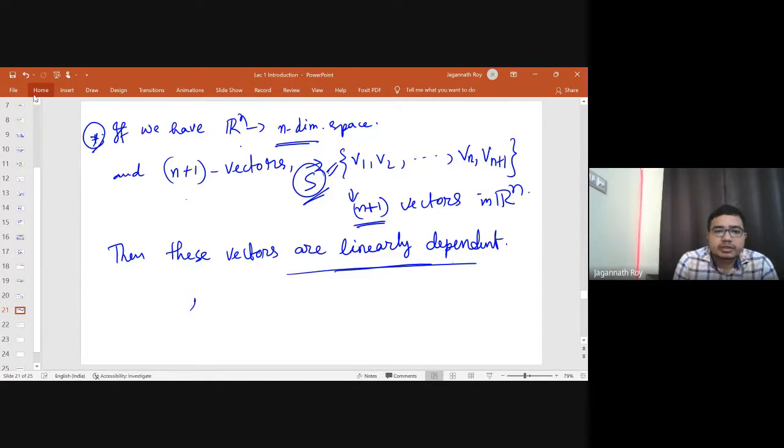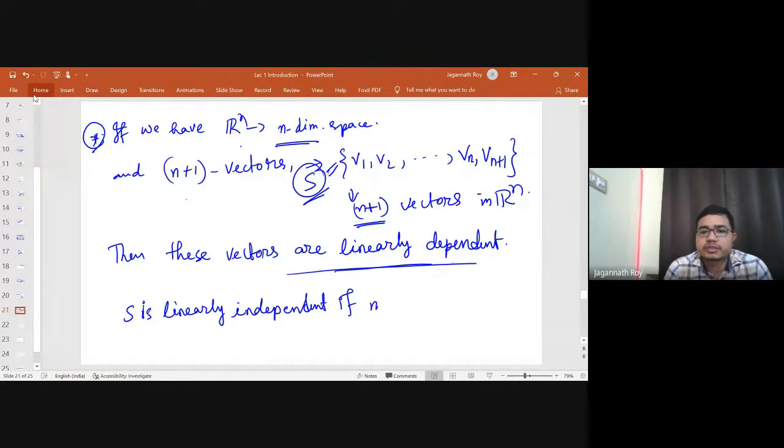Sorry, let me rephrase. S can be linearly independent if the number of elements is less than or equal to n.